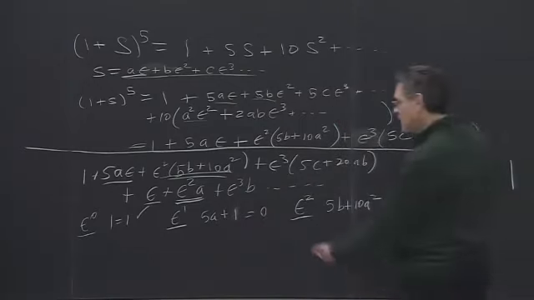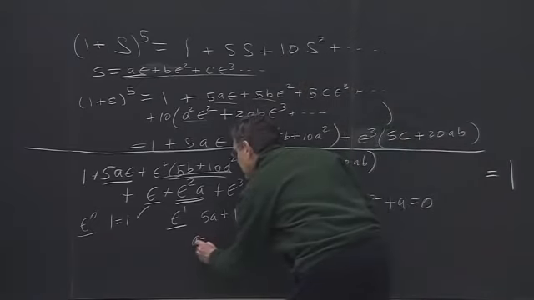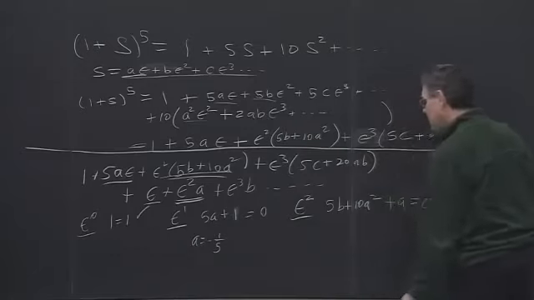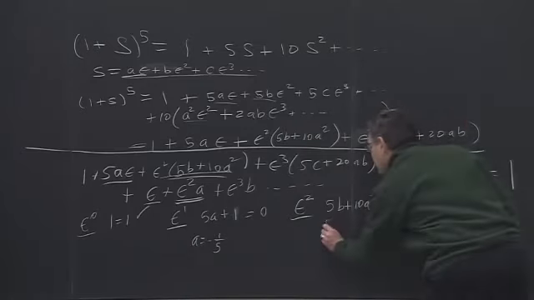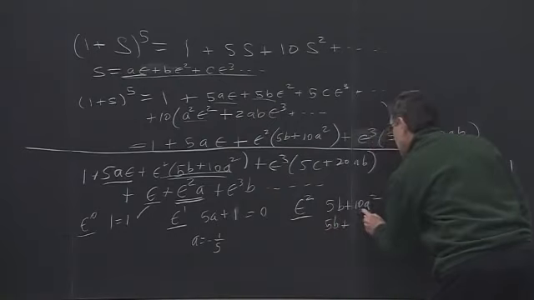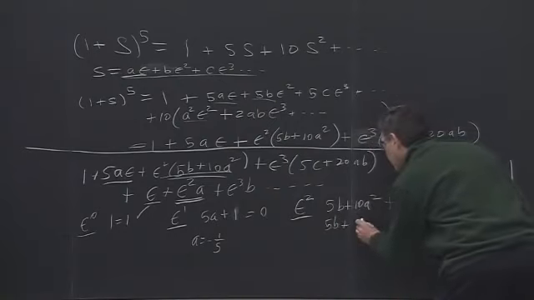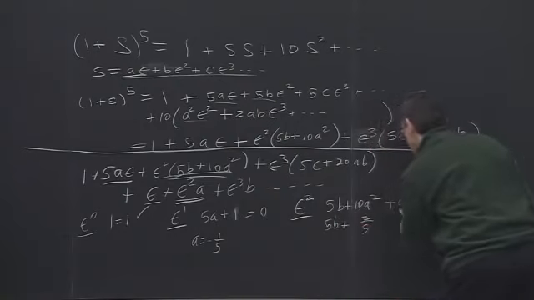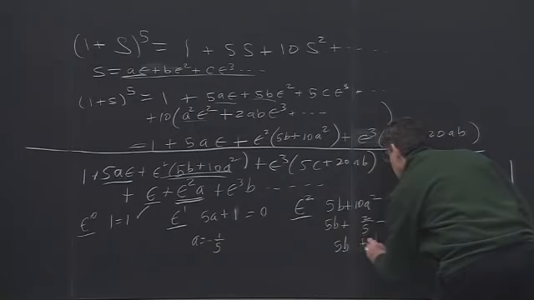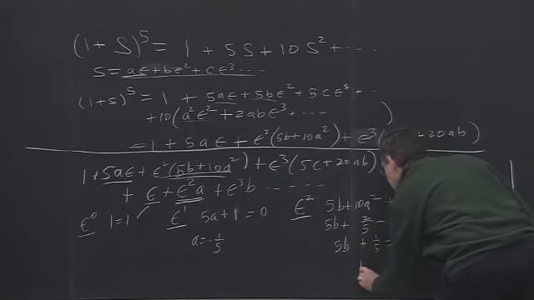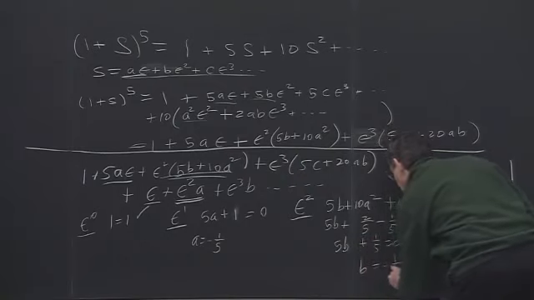In fact, if we solve this problem, you get a is equal to minus 1/5, and if you solve this problem, you just plug in a, okay? So we have 5b plus 10a squared, which is 2/5, plus a, which is minus 1/5, is equal to 0. So 5b plus 1/5 equals 0. b is equal to minus 1/25.